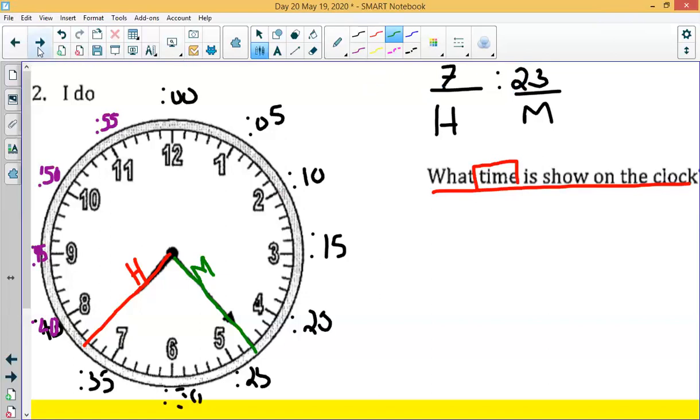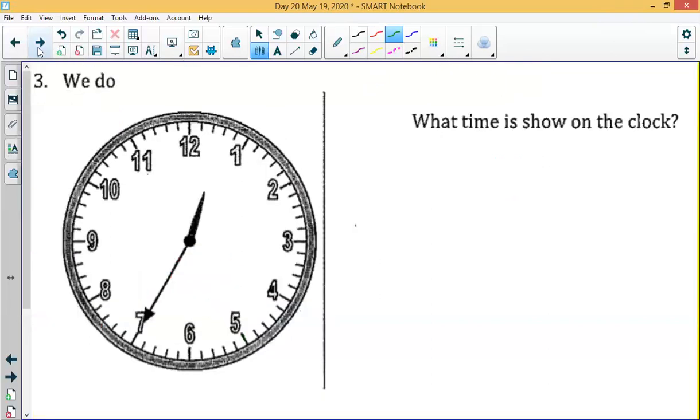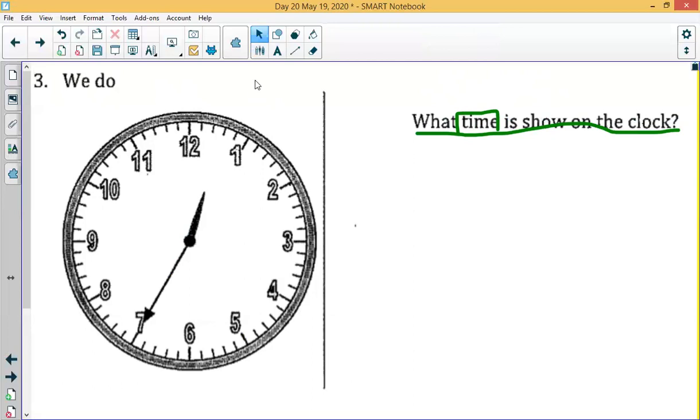Okay, let's go to your next problem. And your next problem is a redo, and it reads, what time is shown on the clock? Okay, so again, we're looking for time. Okay, go ahead and label your hour hand.